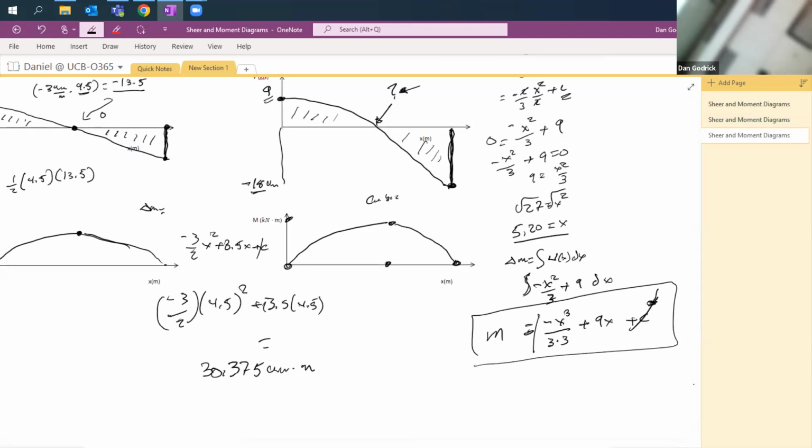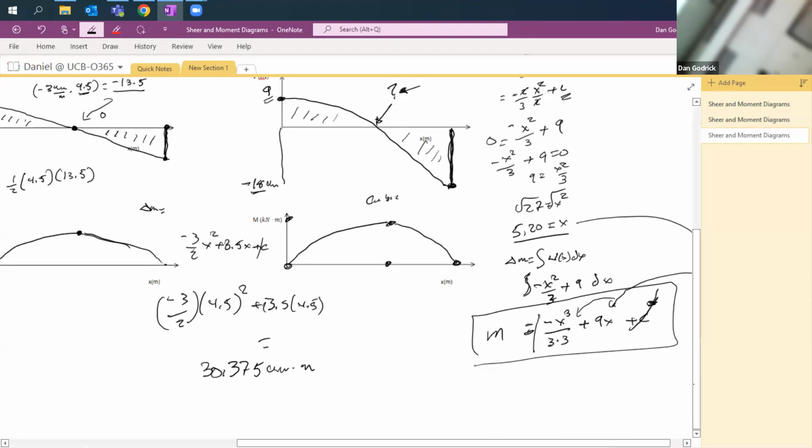All right, so what is our maximum moment? We just plug in our 5.2 into our x.